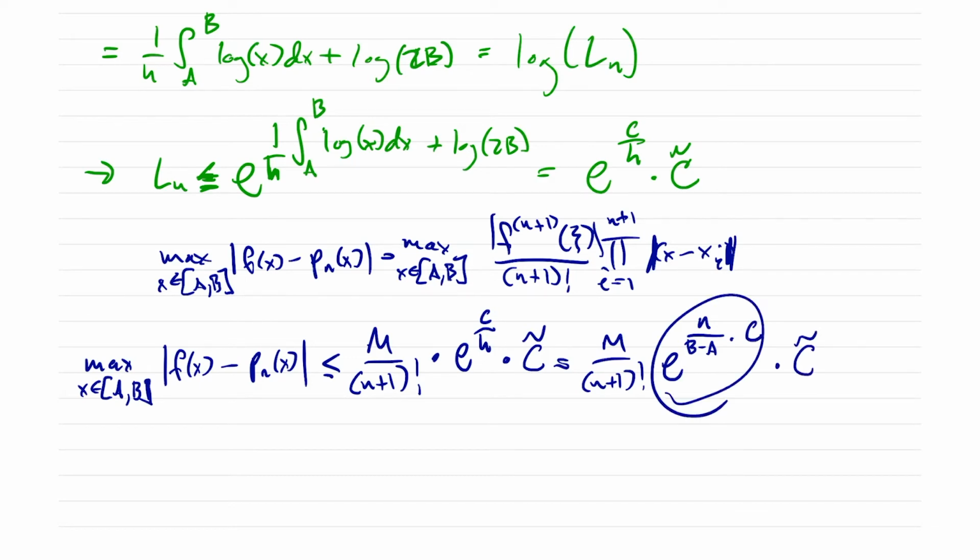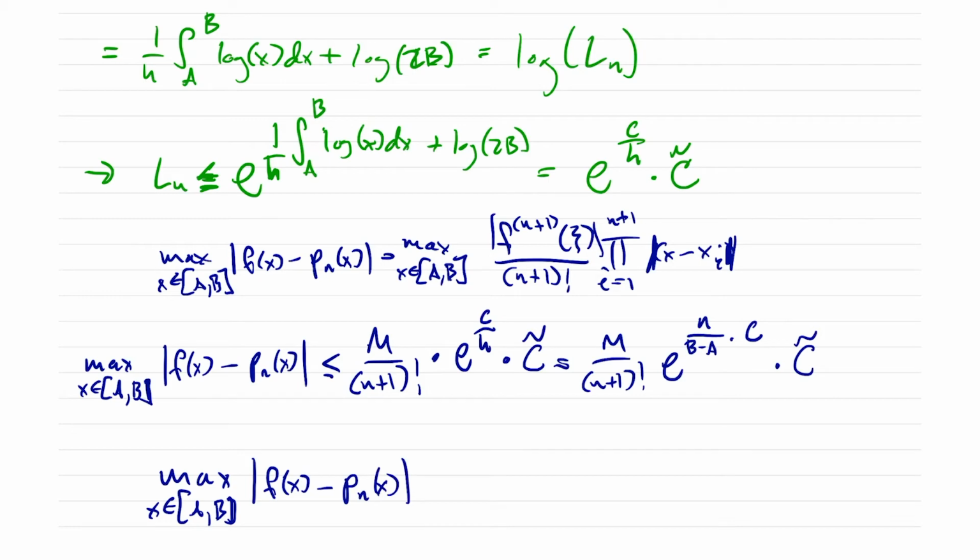So we see that this is growing with n like an exponential, but this is shrinking like a factorial. So ultimately what we say then, because I don't care about this constant, I don't care about this constant, is that the maximum value over [a, b] of f of x minus P_n of x is equal to big O of, say, e to the n times c over b minus a divided by (n plus 1) factorial.